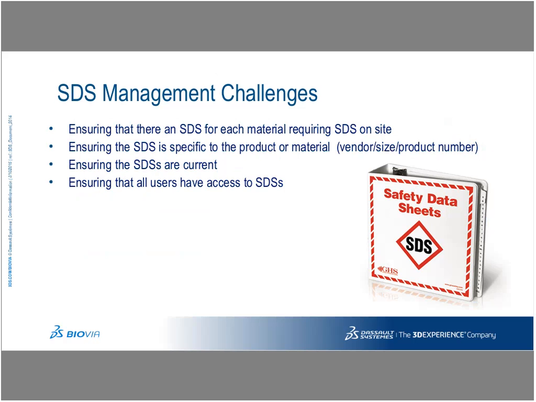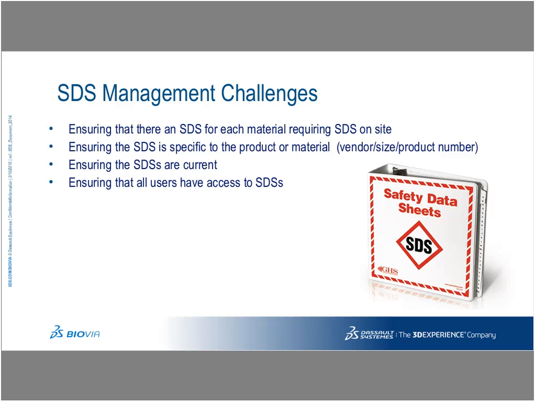So if you cut it down to what I need to do, we need to ensure that there's a safety data sheet for each material that requires one on site. Ensure that the safety data sheet is specific to the product. I know over time there have been conversations that sometimes I could just have an acetone SDS, and technically it should cover any of the acetone we have, even if it's from J.T. Baker versus Fisher Scientific versus Sigma Aldrich.